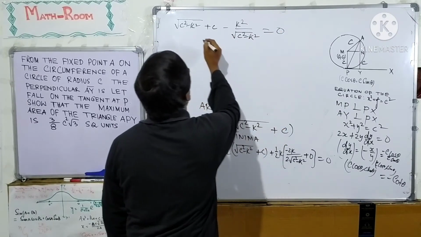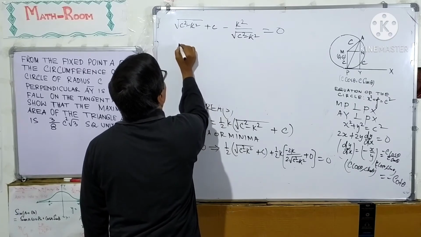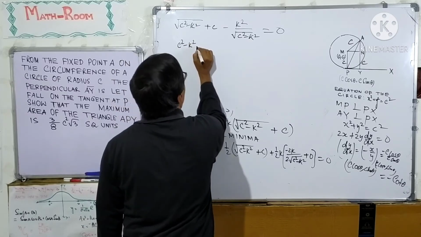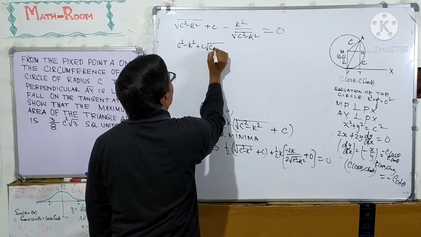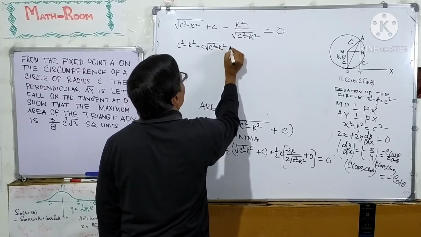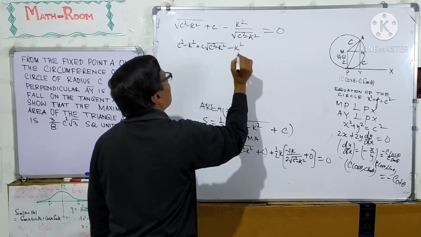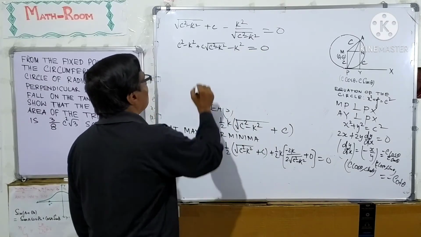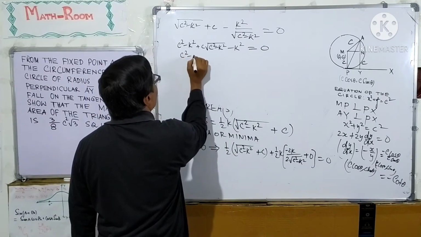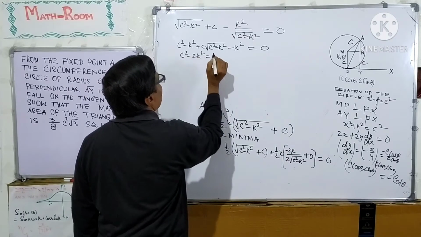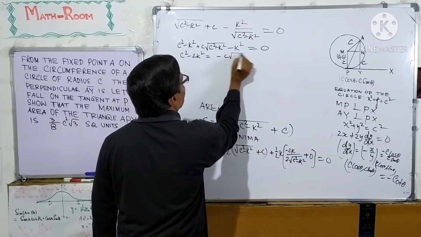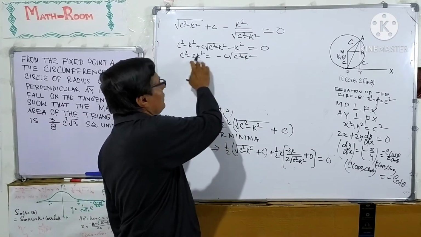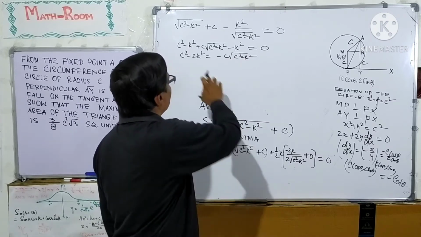Now, c square minus k square plus c into root over of c square minus k square equal to 0. Hmm, so c square minus 2k square equal to minus c root over of c square minus k square.